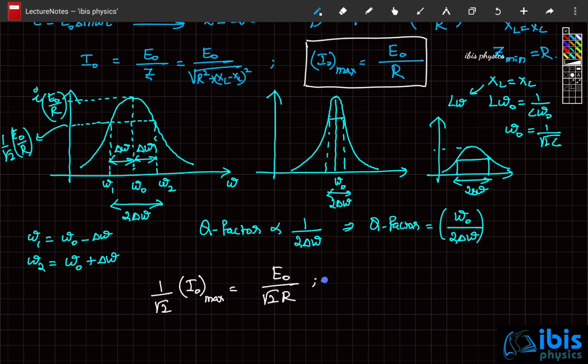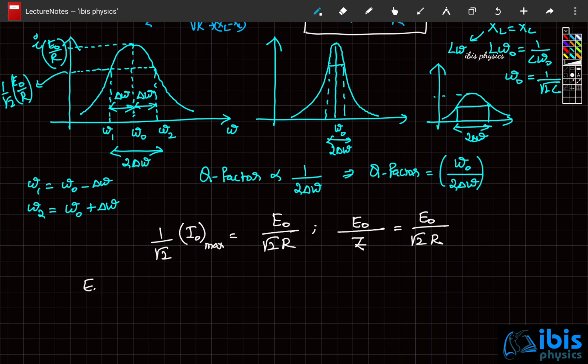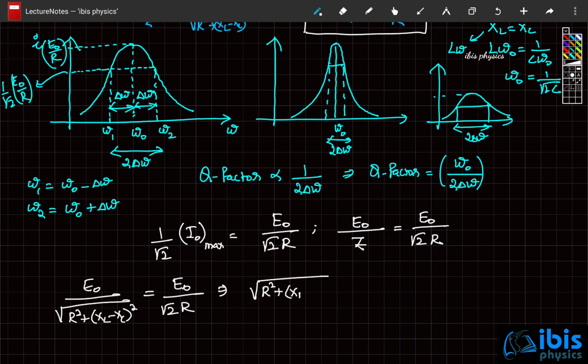That means E0 by Z must be equal to E0 by root 2 times R. So the square root of R square plus XL minus XC the whole square must be equal to root 2 times R, which means these two must be equal.